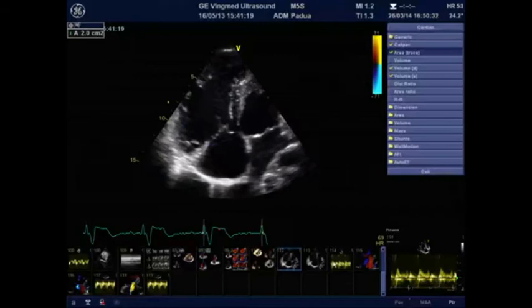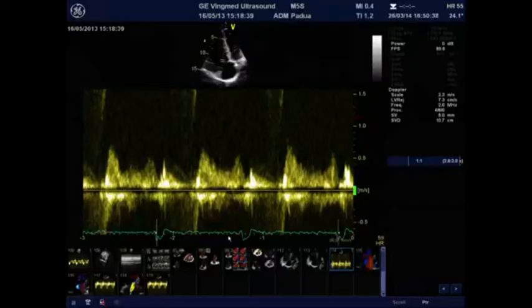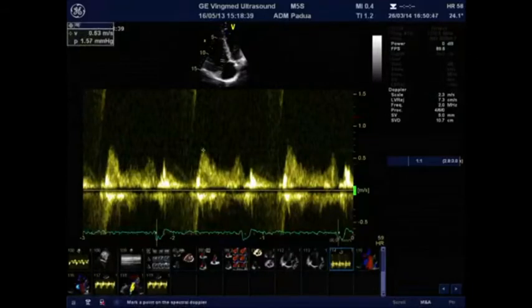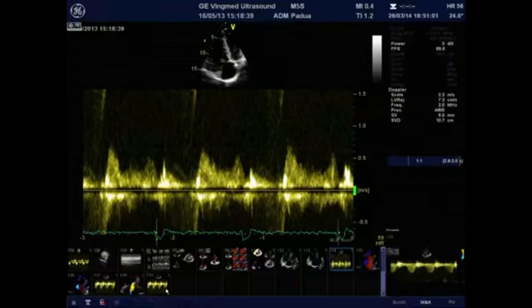Other indirect signs of tricuspid regurgitation severity are the amplitude of the E wave that you have here by the pulse wave Doppler. You can measure it, and here the amplitude is 0.63, so it's not supportive for severe tricuspid regurgitation because the cutoff is 1 meter per second. And finally, as I said in the beginning, we should always assess also the pulmonary pressures.